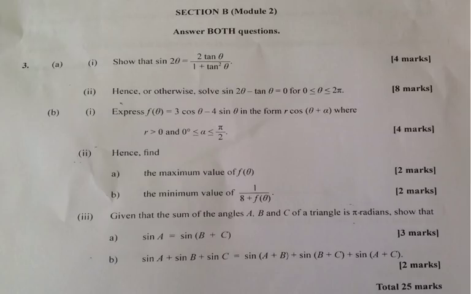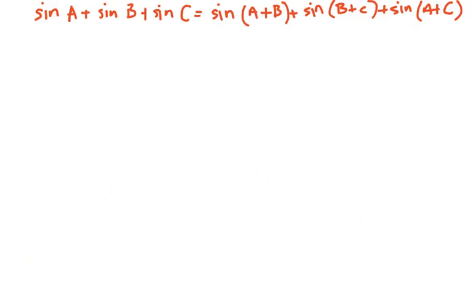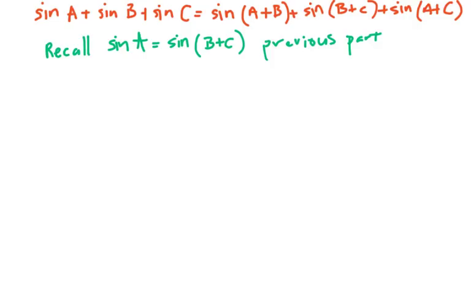And the final part of our question is to show that sine of A plus sine of B plus sine of C is equal to sine of A plus B plus the sine of B plus C plus the sine of A plus C. So I'm going to recall what we just proved in the previous part, that sine of A is equal to sine of B plus C. So therefore, that must mean that sine of B is equal to the sine of the other two angles, and that sine of C is equal to the sine of the other two angles.